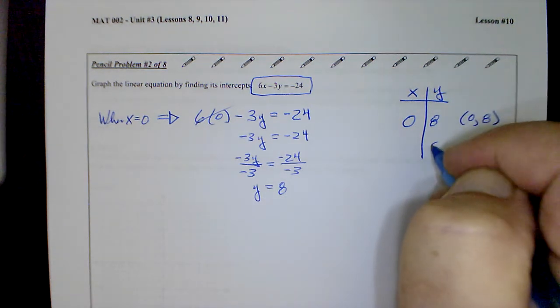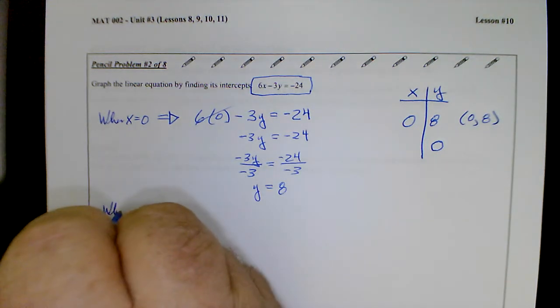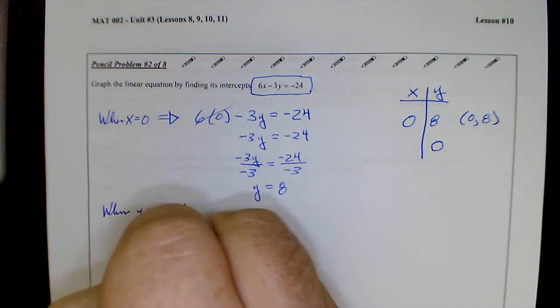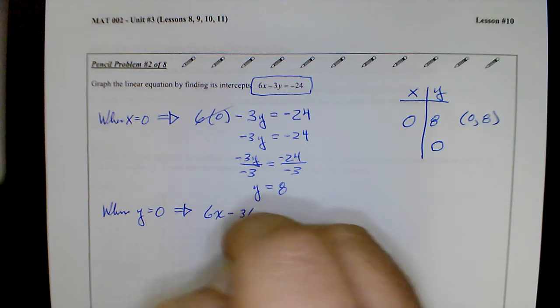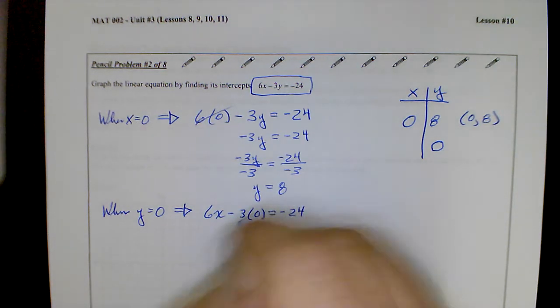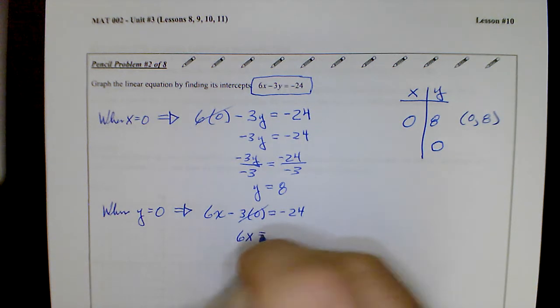Okay, and then to find the x-intercept, we let y equal 0. So I'll say when y equals 0, then we have 6x minus 3 times 0 equals -24. And again, no need to show that, because it just drops out.